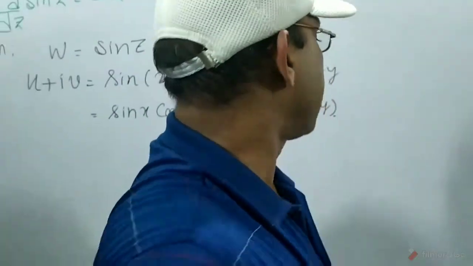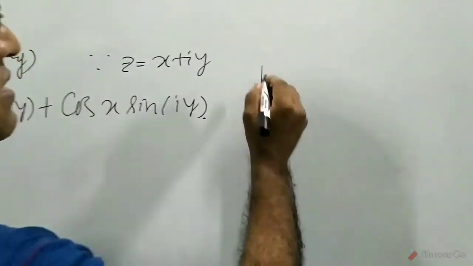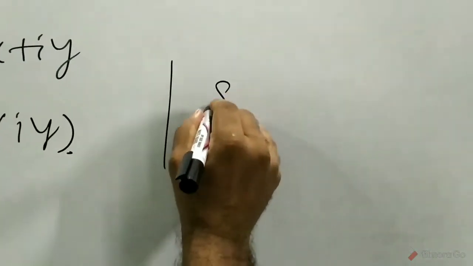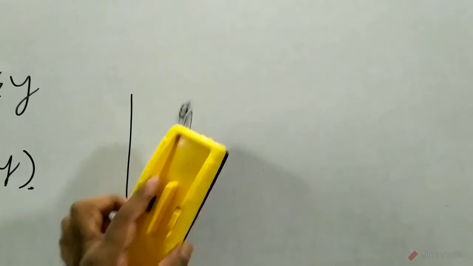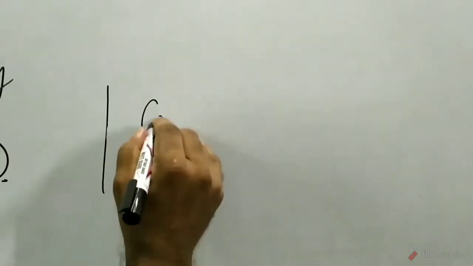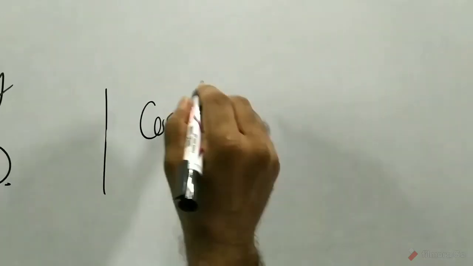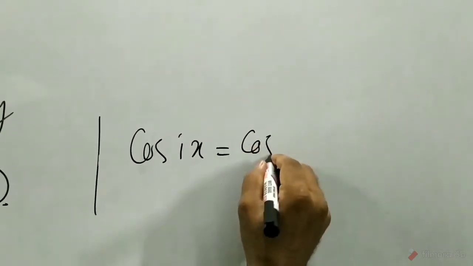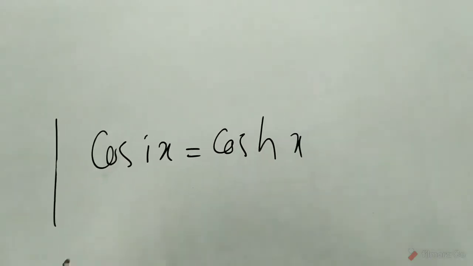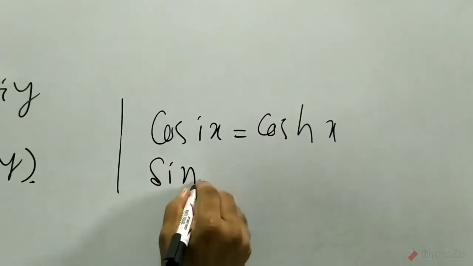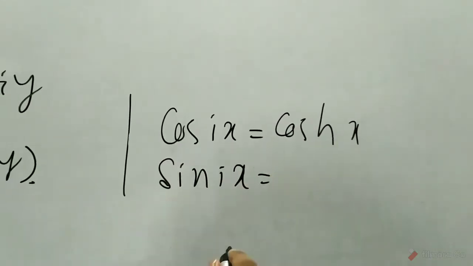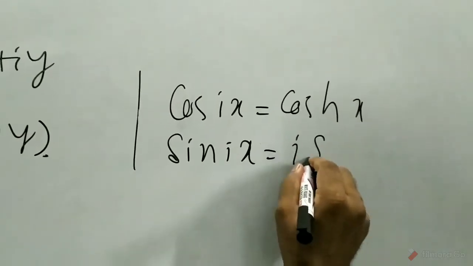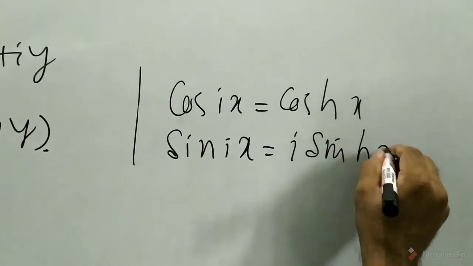Now from complex trigonometry, we know cos ix equal to cos hyperbolic x, and sin ix equal to i sin hyperbolic x.